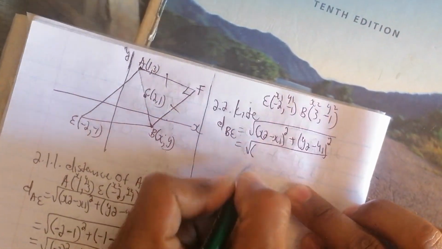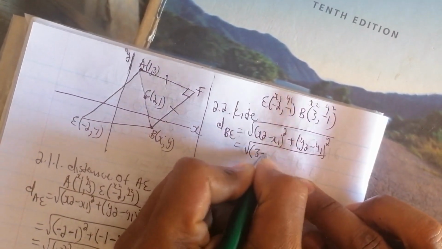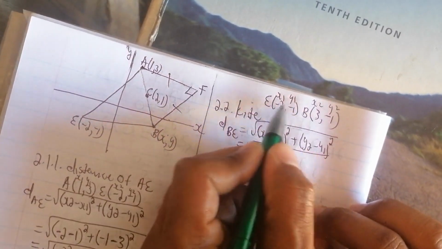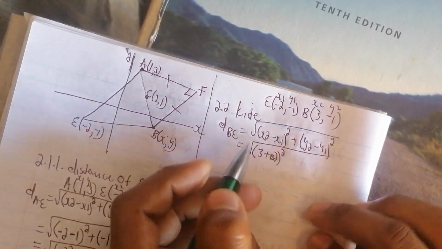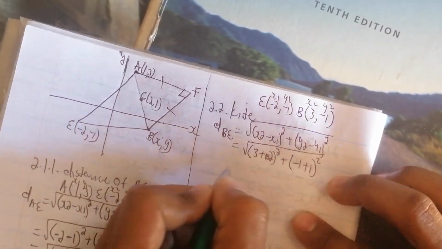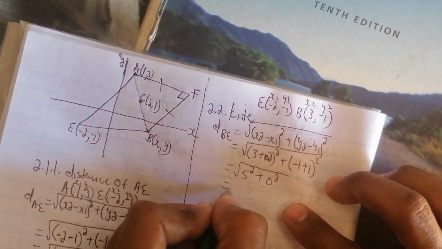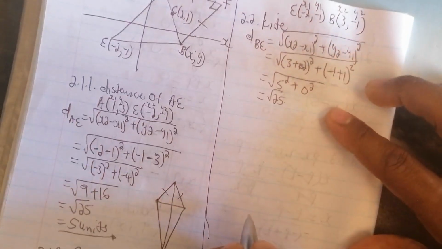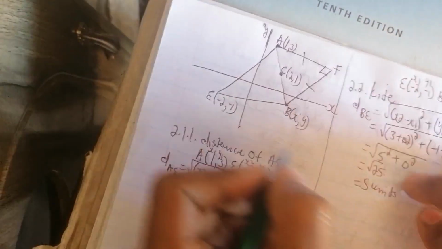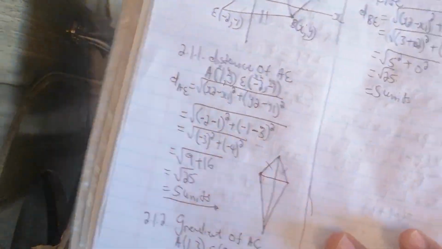Let's check what is going to transpire in here. So I will have 3 plus 2 squared, because that will be 3 plus 2, negative times negative is positive, and then I will have minus 1 plus 1 squared. So this will be 5 squared plus 0 squared, which is the square root of 25. Can you see that it is the same, which is 5 units? So the distance here is the same as the distance there, and these are the properties of a kite.